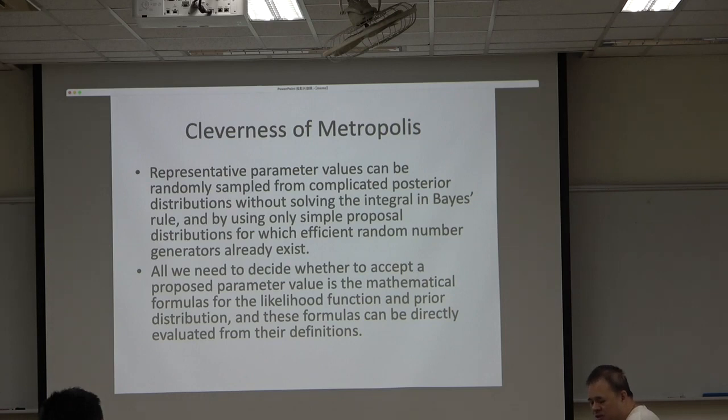Okay, if you want to get a closed form of the posterior distribution, a lot of the time you will end up having trouble with that P of theta, P of D. So by using only a simple proposal distribution for which efficient random number generators already exist, we don't need to do the integral.